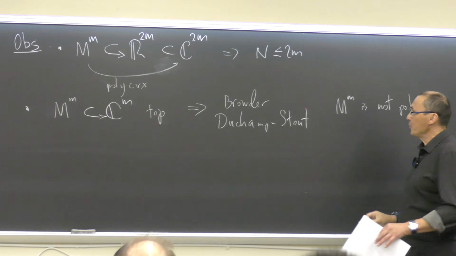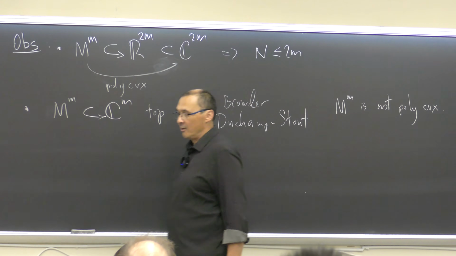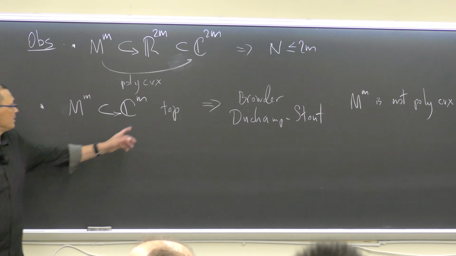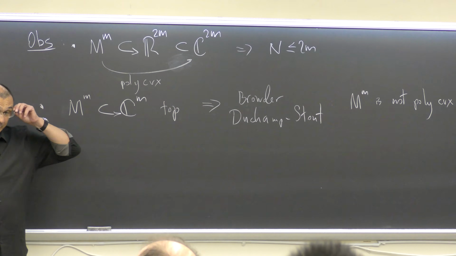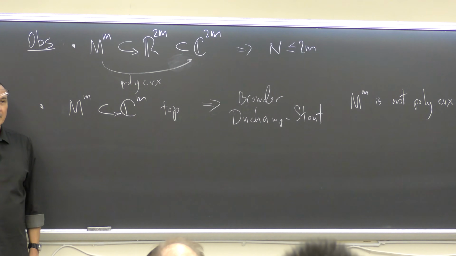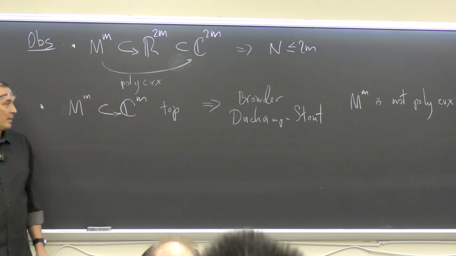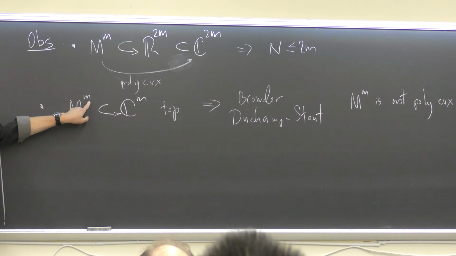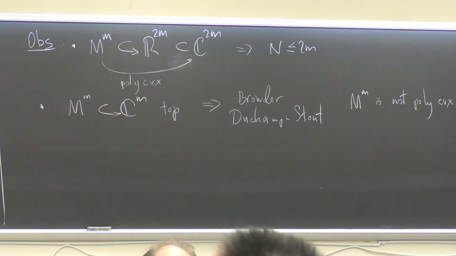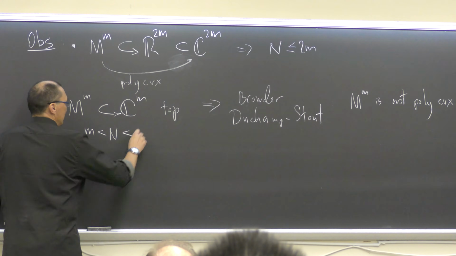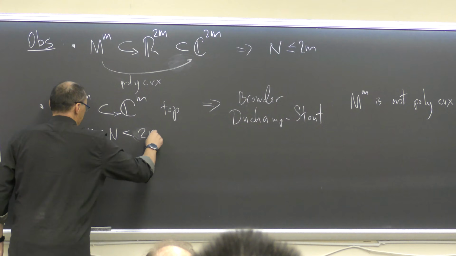No closed topological manifold of dimension m, which is half of the real dimension of C^2m, can be polynomially convex. So I think you said this, but M is a real manifold of real dimension m. Yes, this is a real manifold of real dimension m, and it's closed. And so we naturally get a bound between m and 2m.